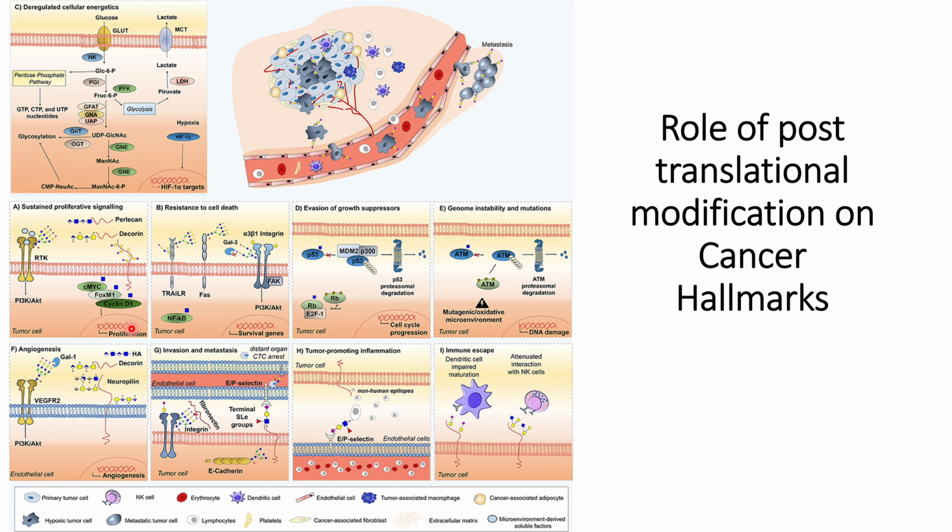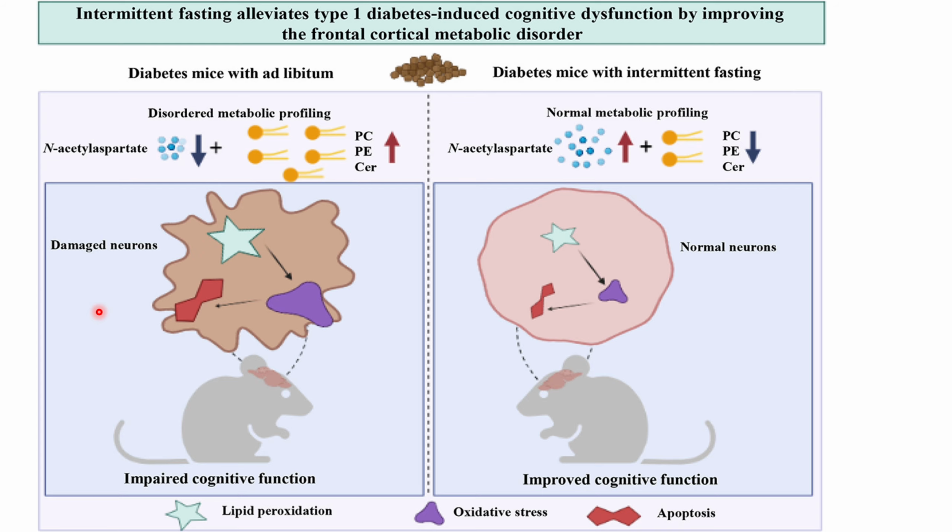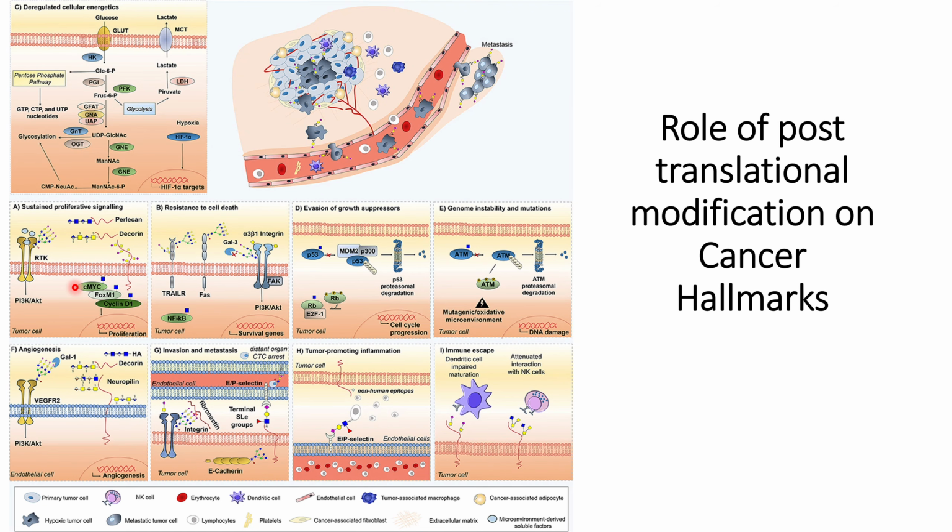This upregulation of proliferative genes is the combined effect of the modifications of these factors in the cytosol, and the modification of cell membrane proteins such as decorin and also perlecan.